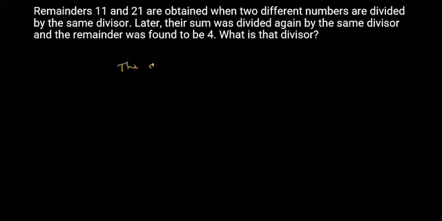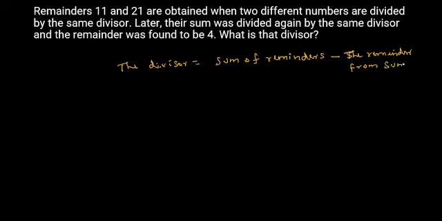So to find the divisor, you take the sum of remainders minus the remainder from the sum, when you divide by the divisor.